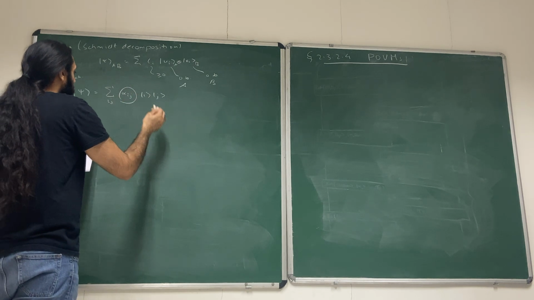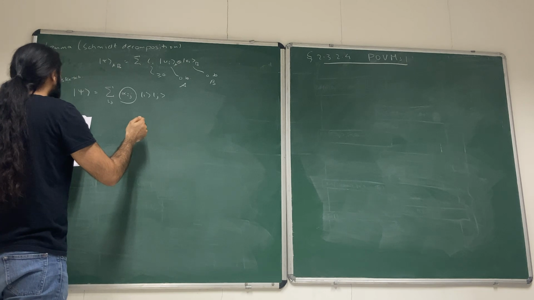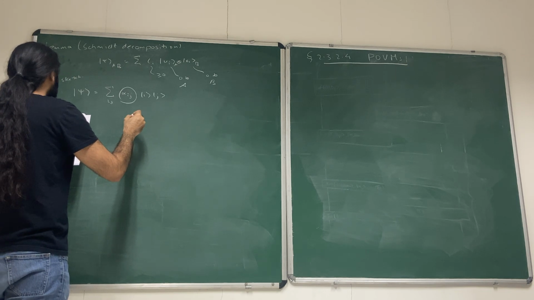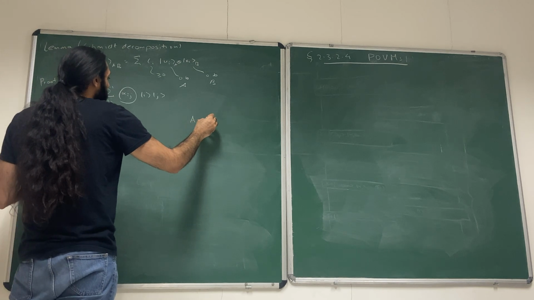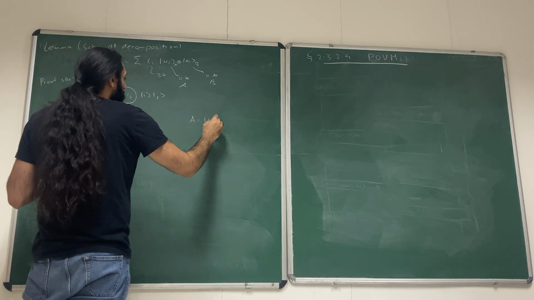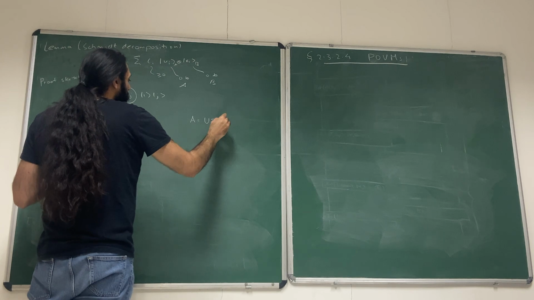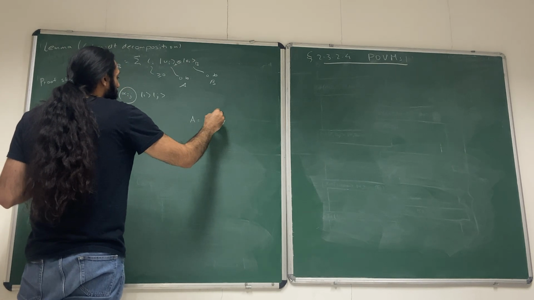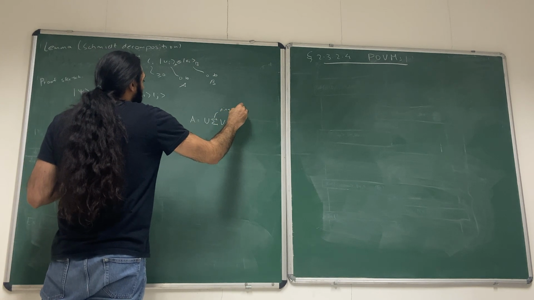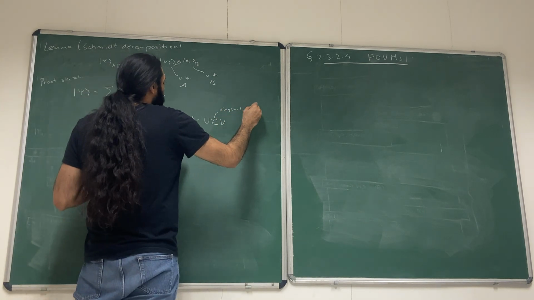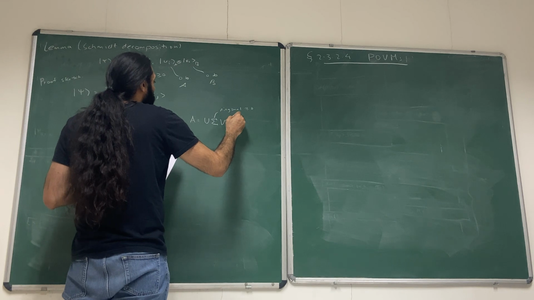So alpha_ij you can think of as the elements of a matrix, suppose it's A. One can write an SVD, singular value decomposition, where U and V are unitary and sigma is diagonal and positive, and basically contains the singular values.